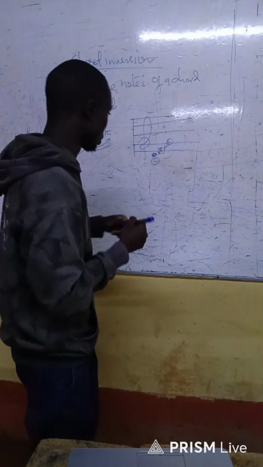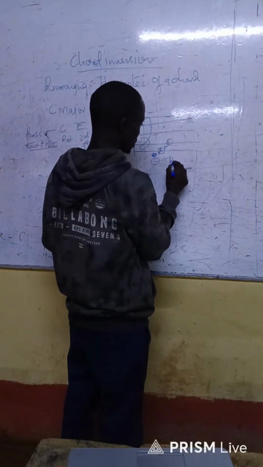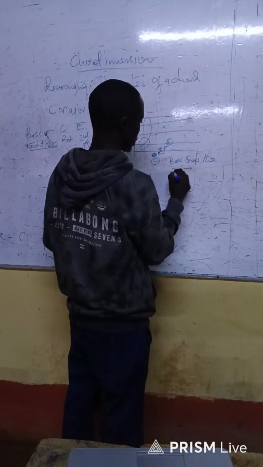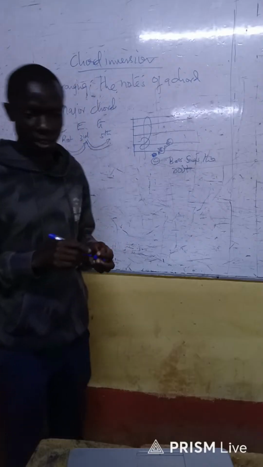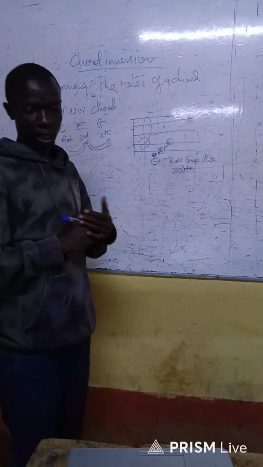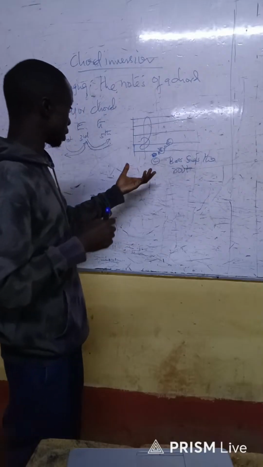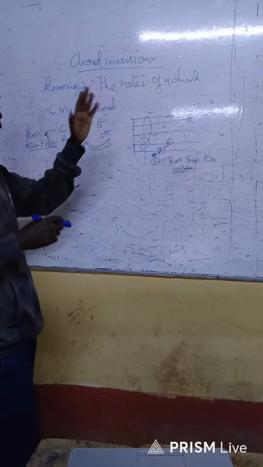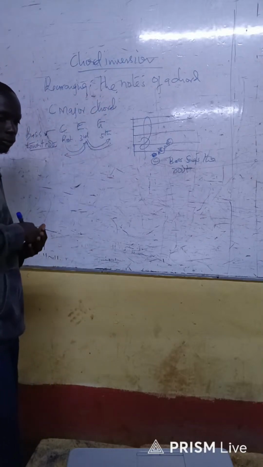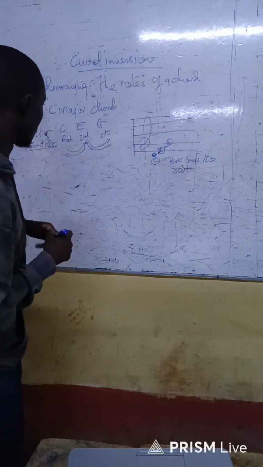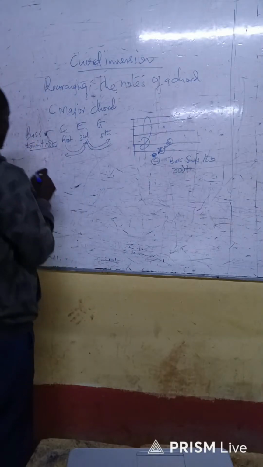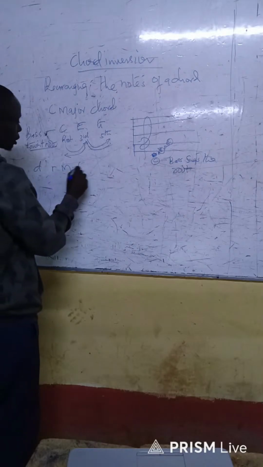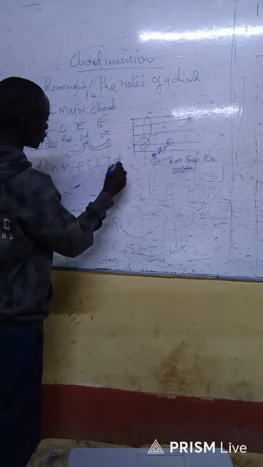Now, we know that the bass sings the root of the chord. When the bass sings the root, the other voices take the other remaining notes of the chord. For example, we use do, re, mi, fa, sol, la, ti, do.